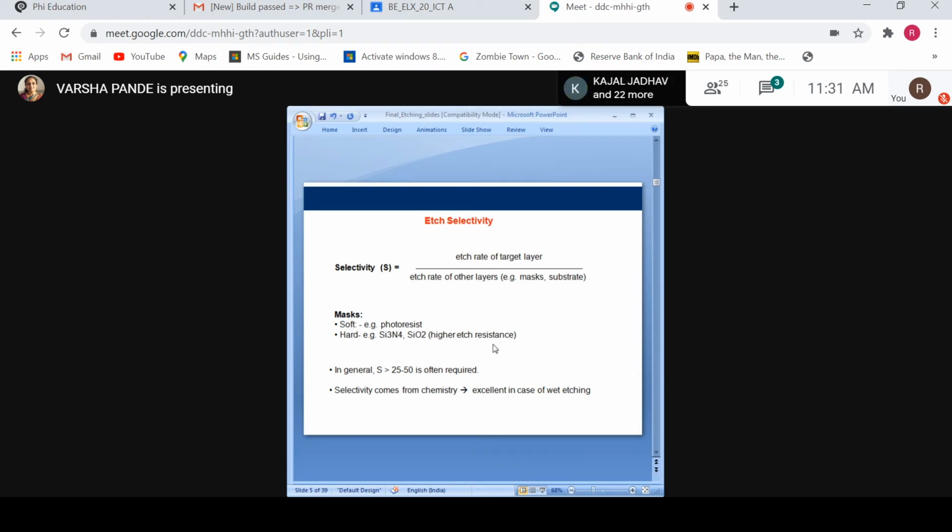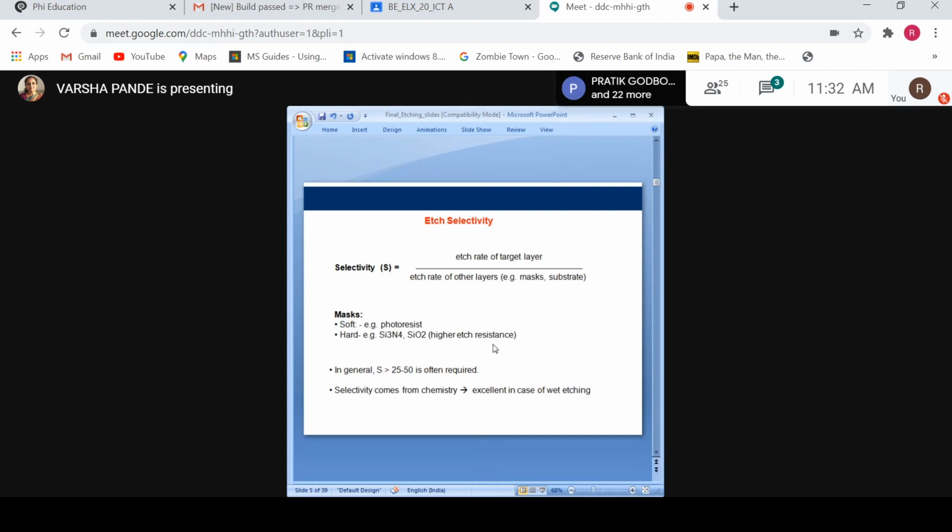Depending upon two properties or characteristics, you have to select either wet etching or dry etching. The two characteristics are isotropy and selectivity. Actually we want anisotropy. Anisotropy means etching is more in a particular direction and no etching should happen in the remaining directions.